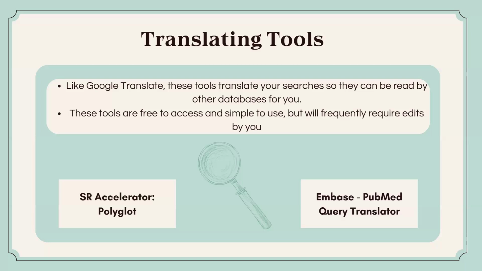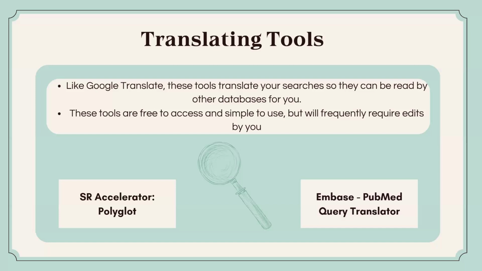These tools are free to access. I would say Polyglot is free to access. I believe with Embase's PubMed Query Translator, you actually have to be a subscriber. So you have to be affiliated with UK. I don't believe there's anyone on this call that's not affiliated, but if you're not affiliated with UK, your institution may have Embase and you can access the Query Translator through there.